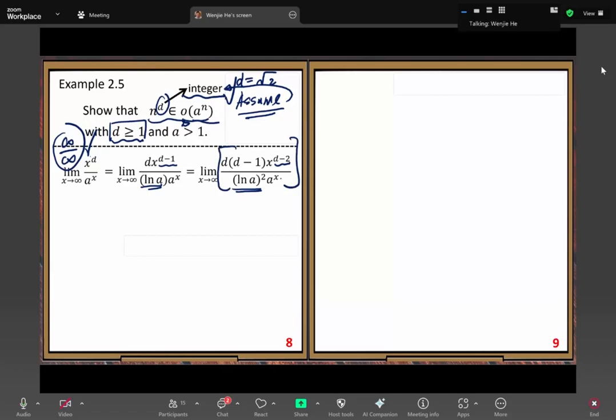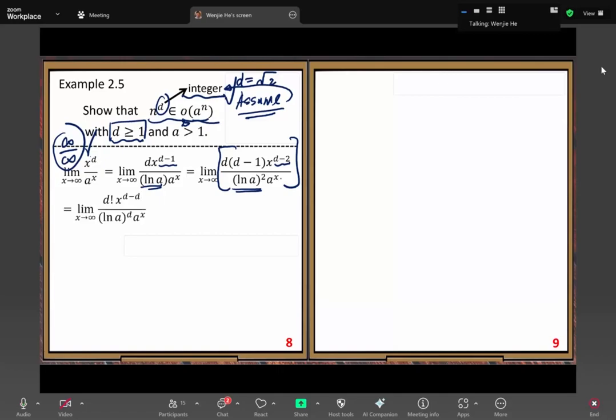Specifically, until the numerator does not go to infinity anymore when x goes to infinity, then you can stop. Otherwise, you need to keep doing this. Fortunately, at some point, we can stop. This process can terminate at some appropriate point.